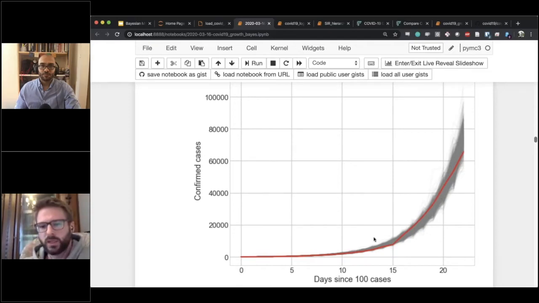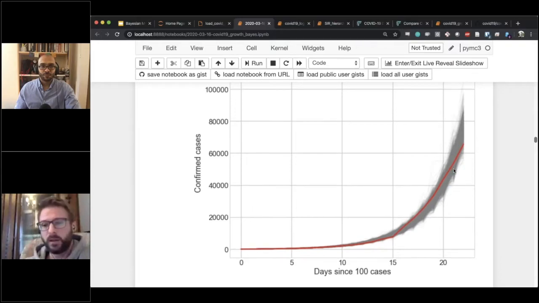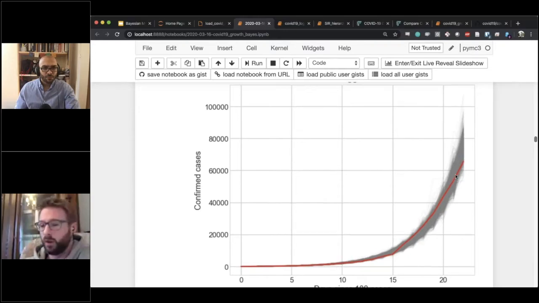You can see as more time progresses, we have more uncertainty around this, and we will see that when we project out further and predict the future. Currently we're just doing posterior prediction, right? We're just predicting the past, but it's still really good for model validation. If the model were terrible, it would not describe the data well. Here we see that it does.